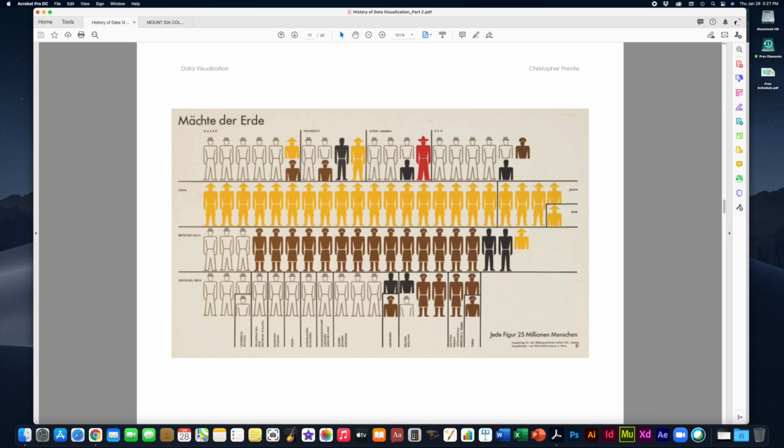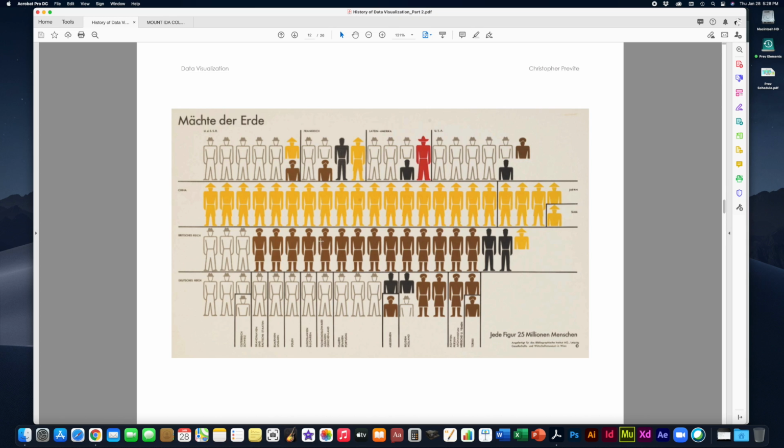The people who are in yellow wearing the triangular hats, those are people from China. And yes, that is a terrible stereotype that they are yellow and they are wearing the sort of hats that would be worn in rice fields for harvesting. That obviously does not make up all Chinese people, so we recognize it's a terrible stereotype. But at the same time, the idea of using pictograms to represent numerical values of people and doing it comparatively in an overall chart is a really helpful tool.